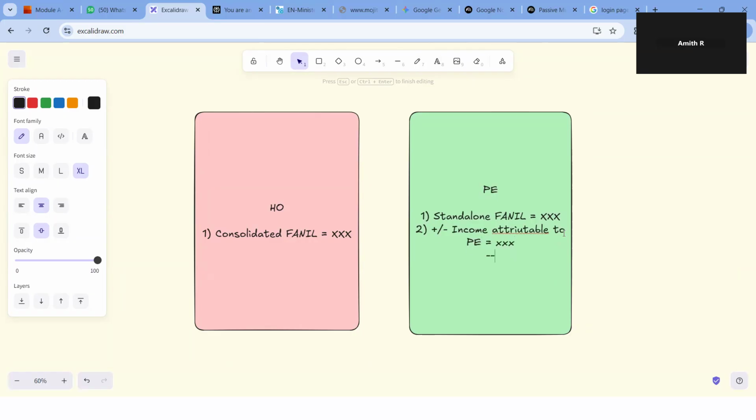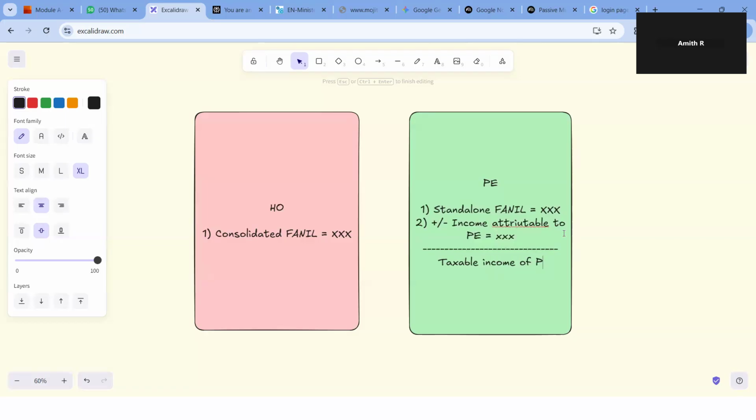Once you adjust all that, what you get is the taxable income of PE. Correct? Yes or no? Now, what you have to do is, since it is consolidated and this already has it, you have to reduce the taxable income of PE.